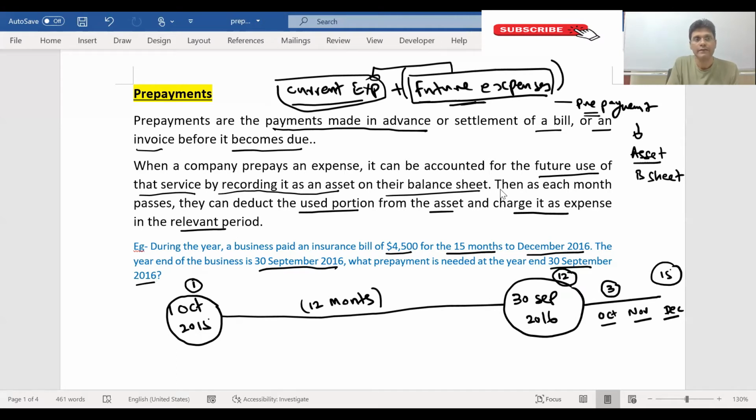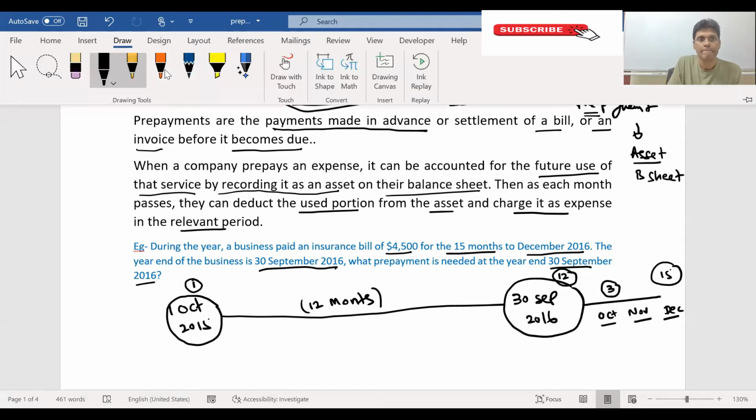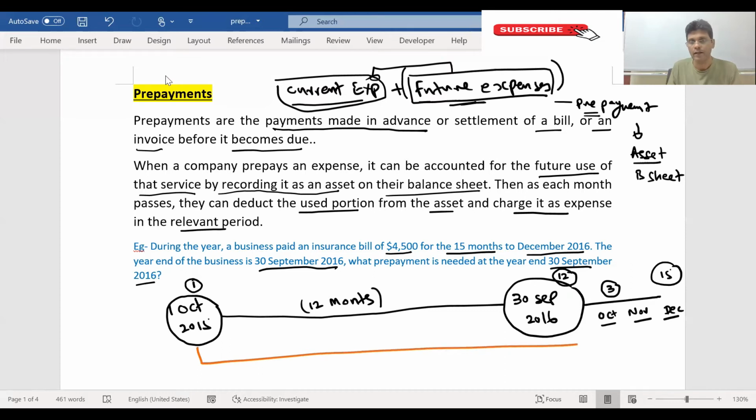So basically, 1st October 2015 till December 2016 covers 15 months, and the business has paid $4,500.